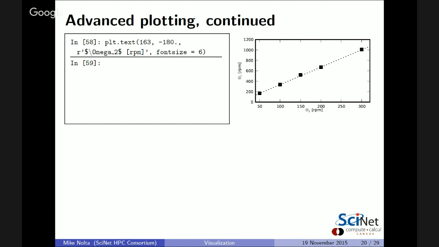So this is just saying I want to write this string at this XY position on the plot. And you notice the units here are in data coordinates, right? So this is 163 and minus, off the bottom of the plot, so minus 180.